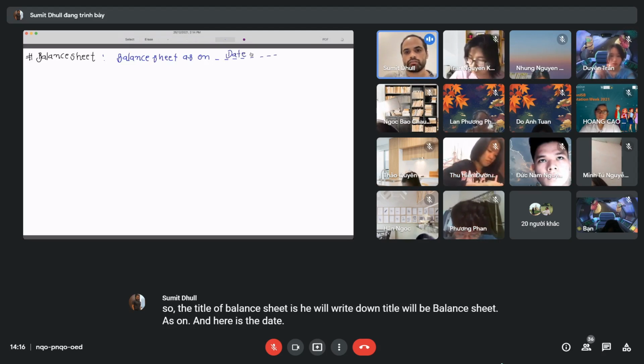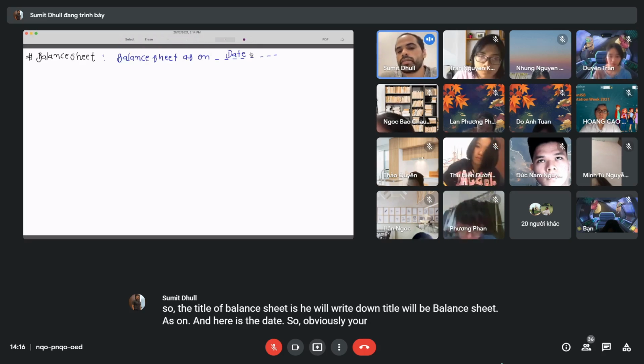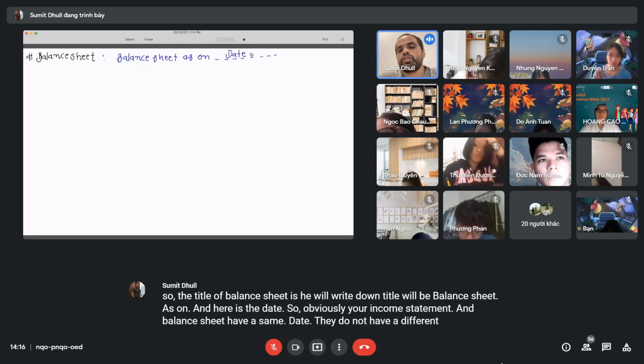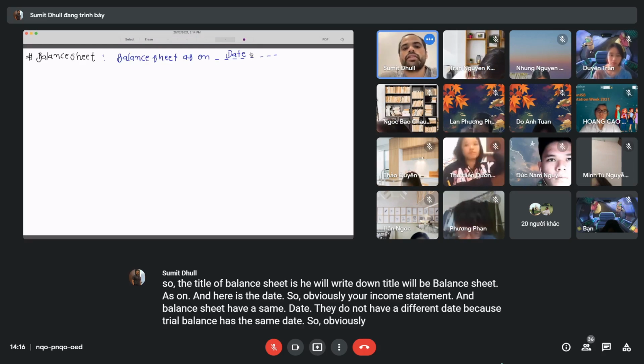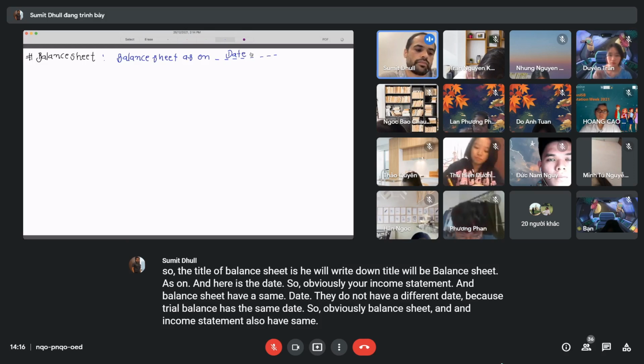So obviously your income statement and balance sheet have a same date. They do not have a different date because trial balance has the same date. So obviously balance sheet and income statement also have same date.